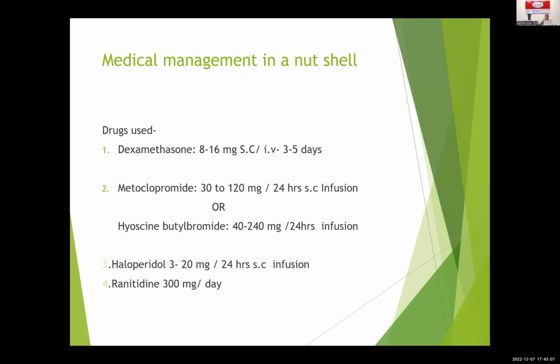And then you can use ranitidine, which is also given at a starting dose of 300 milligrams per 24 hours. That is the usual dose. So when you are treating a patient with intestinal obstruction, make sure these things are there in your drug chart.